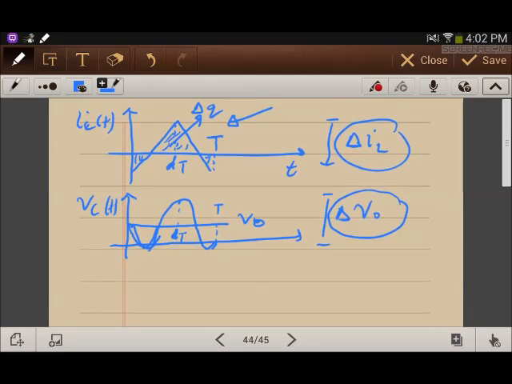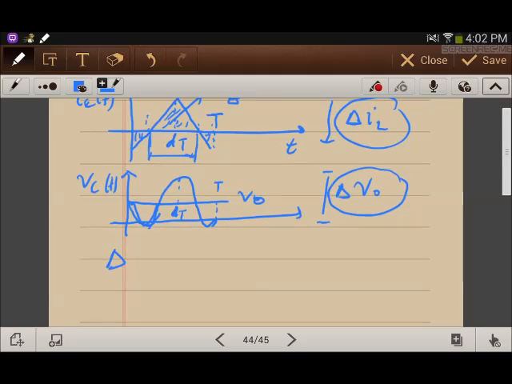So as we see here, the charging time is half of the cycle, means here we have some time and here we have some time where the capacitor is discharging, but the charging time is the period divided by 2, and we know that delta Q is equal to C multiplied by delta VC.